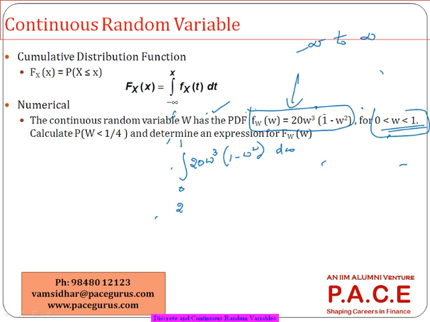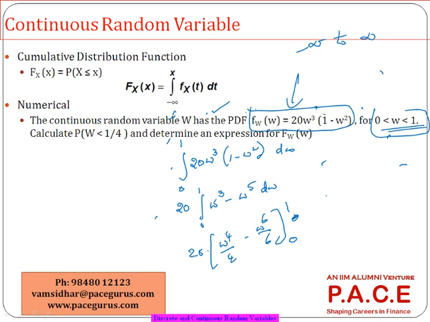I'll take out the constant and expand it: w cube minus w power 5, dw. Now the integral of w cube is w power 4 by 4, and w power 5 is w power 6 by 6, taken between 1 and 0.